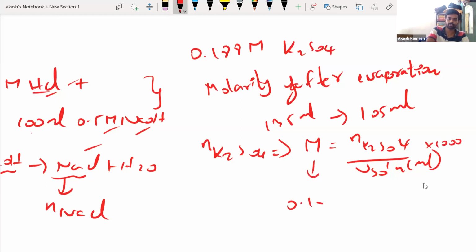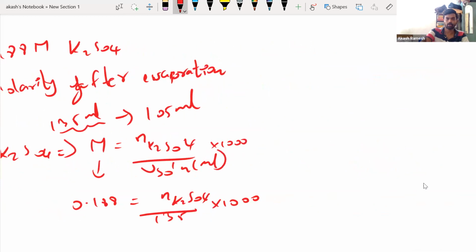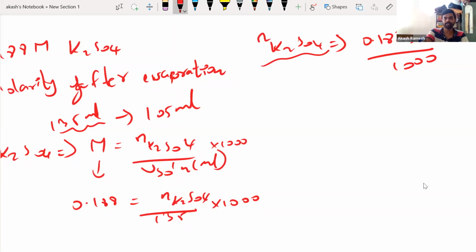The initial molarity is 0.188, equal to the number of moles of K2SO4 divided by the initial volume, 135 ml into 1000. So I can easily calculate the number of moles of K2SO4 as 0.188 into 135 divided by 1000. You can do the calculations later.